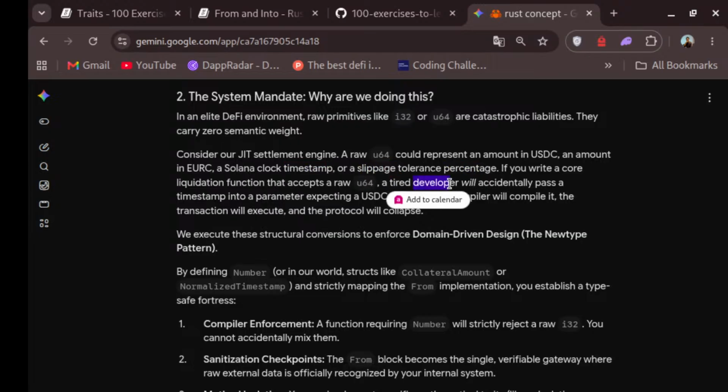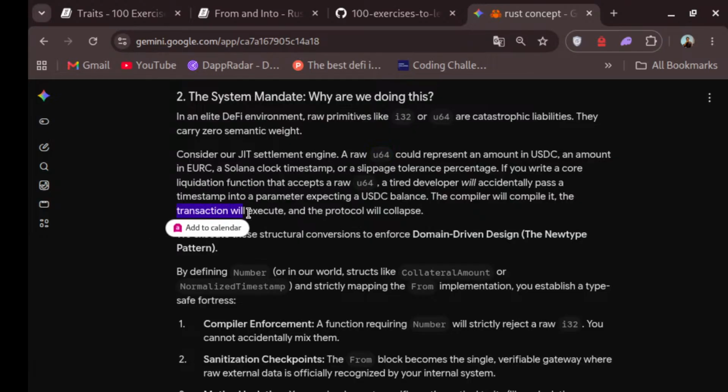If a developer just passes a timestamp into a USDC balance, at that time the compiler will compile it because it can, and the timestamp is also u64.